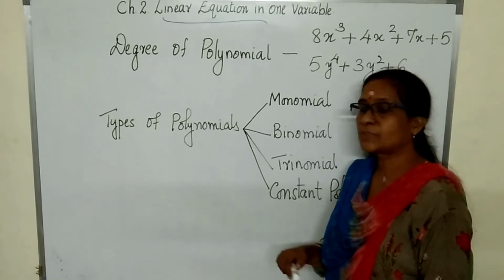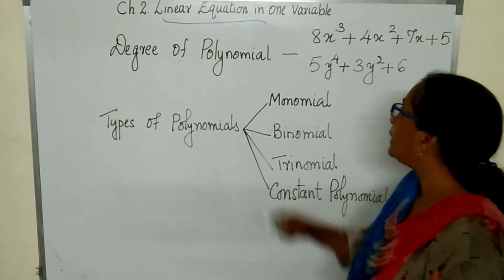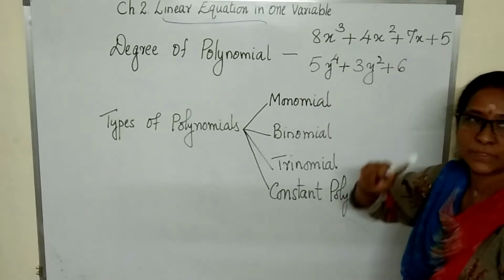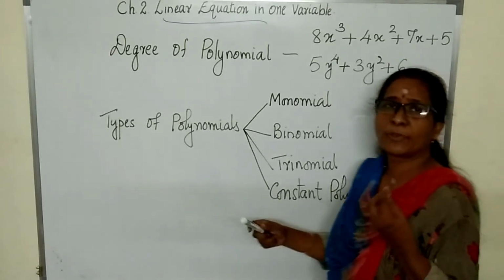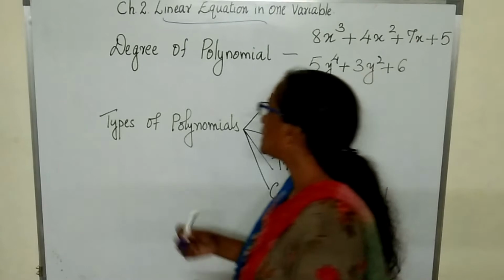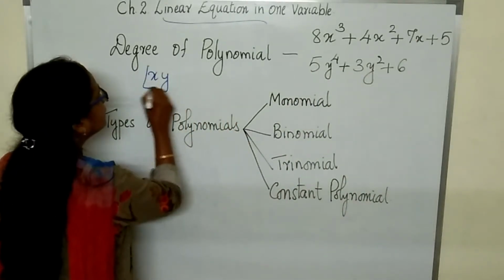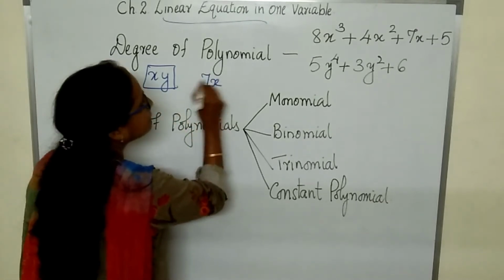Now let us see what are the different types of polynomial. We learned, see here we have 1, 2, 3, 4 terms. Here we have 1, 2, 3 terms. Sometimes there will be only one term. For example, if you write xy, this is a single term. Sometimes it will be 7x.